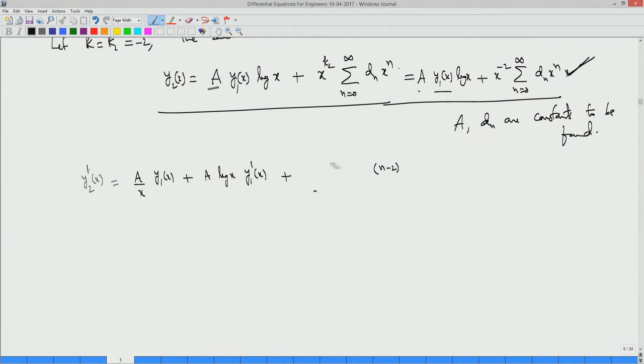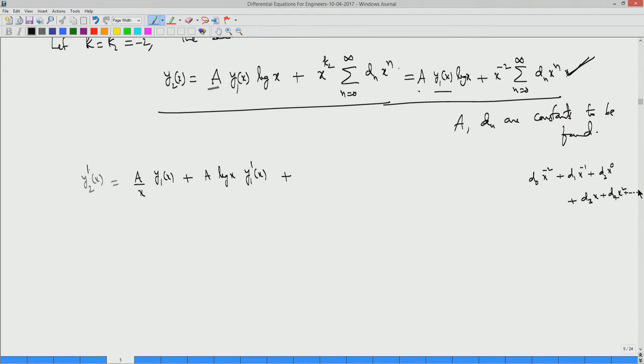Let us differentiate. If you look at this series, that is d0 x power minus 2 plus d1 x power minus 1 plus d2 x power 0 plus d3 x and so on, d4 x squared and so on.